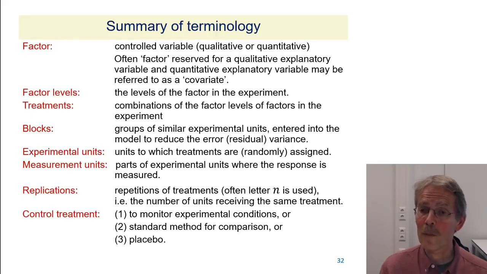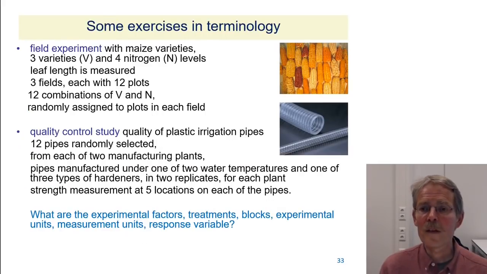Right, two examples, and we're going through them together. The first one, it's a field experiment with varieties of maize. We have 3 varieties of maize, but we use fertilizer, and we can apply fertilizer at 4 nitrogen levels. So think about fields.